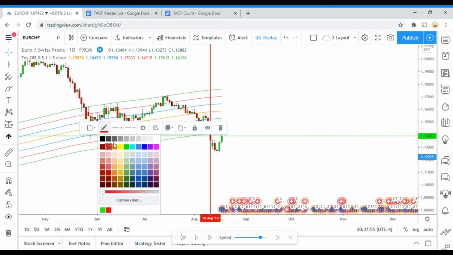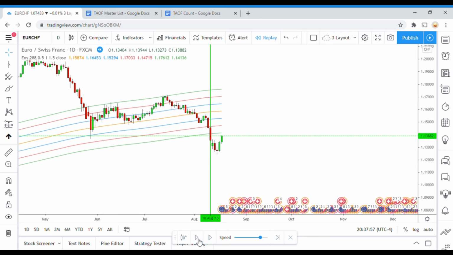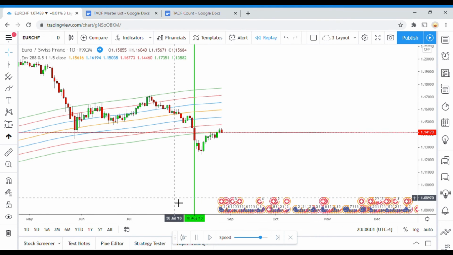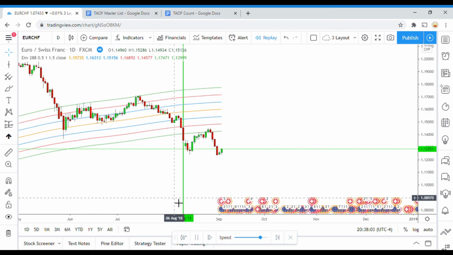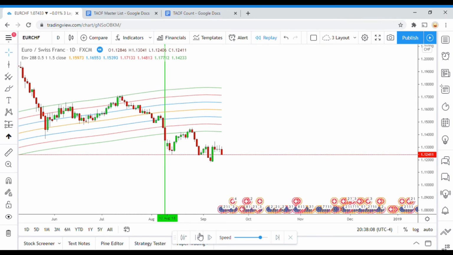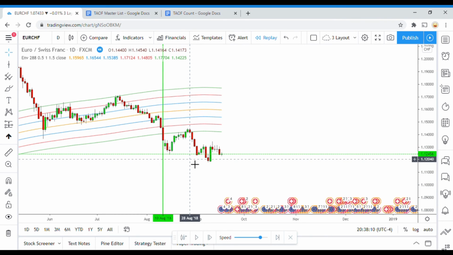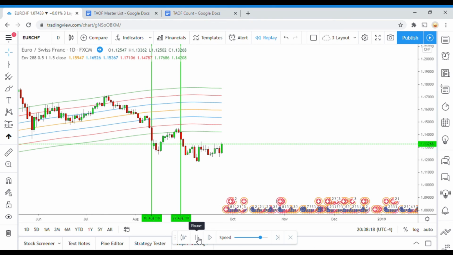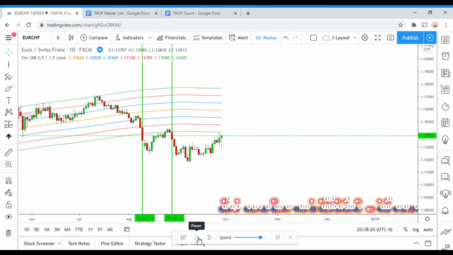Looking for 50 pips out of it, and we definitely got it. So there we go. There is one signal out of it, and actually we got another signal out of it right there, which would have been a winner.